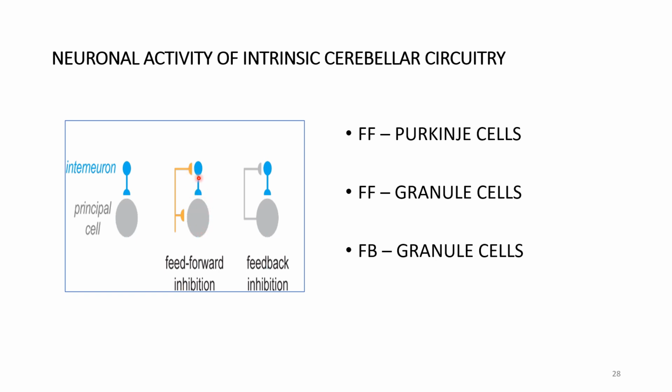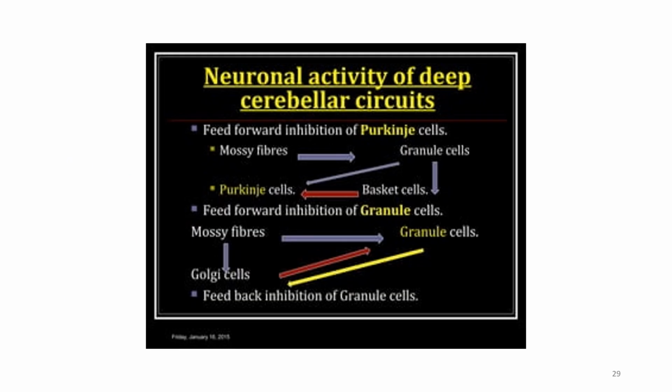It is present for granule cells and Purkinje cells. Here you can see feedback inhibition of the granule cell, feed forward inhibition of the granule cell, and feed forward inhibition of Purkinje cells.